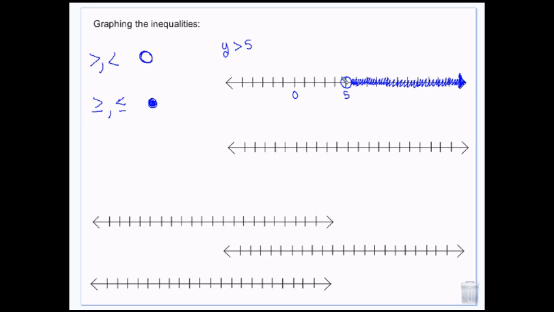The open circle tells you that it doesn't include 5. It includes everything up to 5, but not 5. Whereas if I did y is less than or equal to 3, I pick a 0 anywhere, 1, 2, 3, closed circle because of the equal sign, and then shade everything that is less than that.